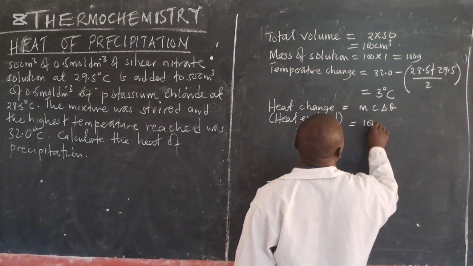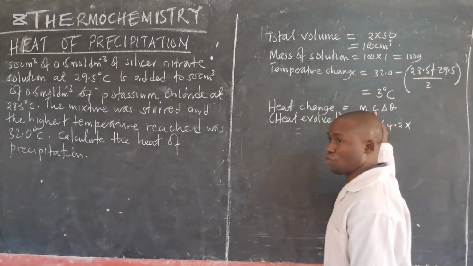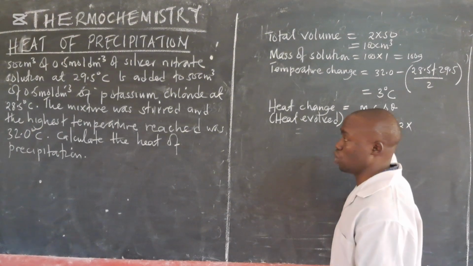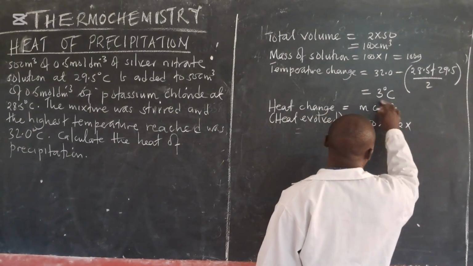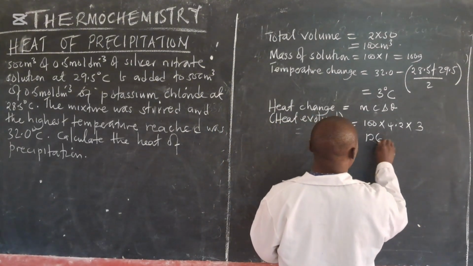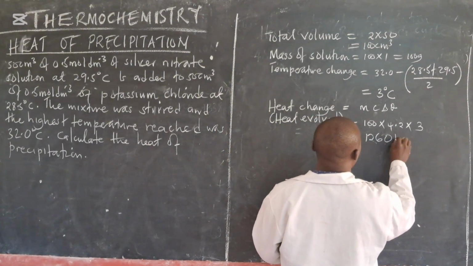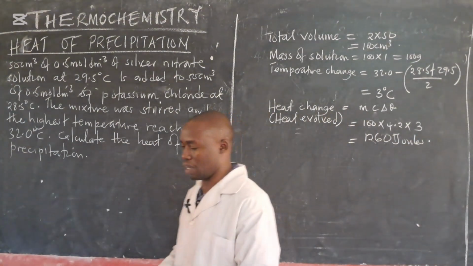So the mass is 100. We assume the specific heat capacity of the solution formed is the same as that of water, times 3, which gives 1260 joules. That is the heat liberated.